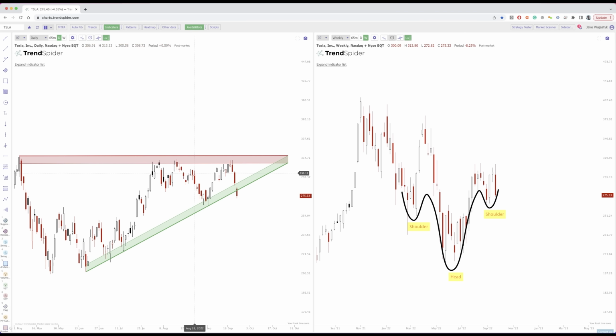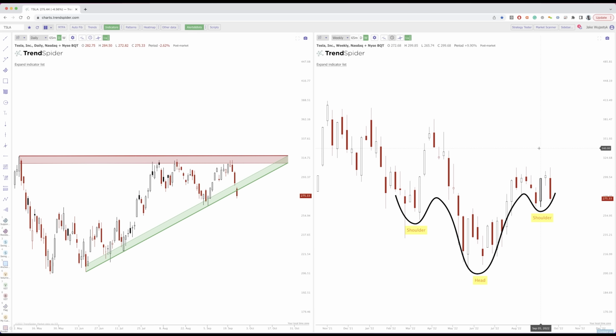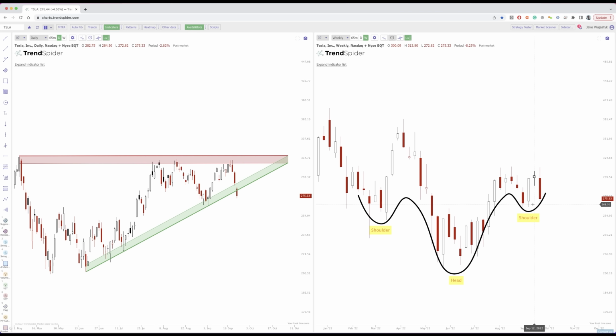Clearly, the bear case here is the ascending triangle breakdown. Your bull case is still potentially an inverse head and shoulders forming here. That would be invalidated really with a close below this previous area here. So your wick, I'd say right around here. And honestly, I'd probably say it's invalidated if we close below this open on this candle right around 260.